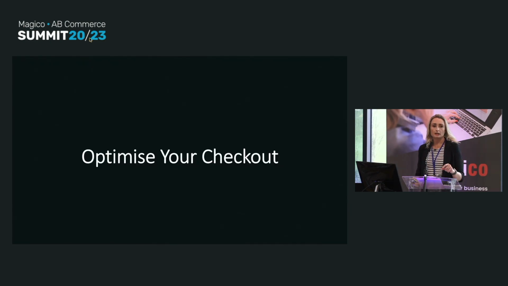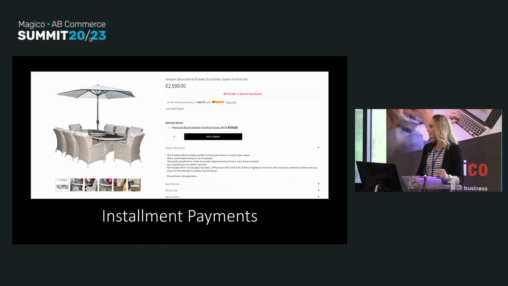Okay, thinking then about optimizing your checkout. Reminding people here about installment payments. I had a couple of retailers asking about that even last night. Just to remind you that we have an integration with Hum on the platform. Particularly for those of you who have a high-ticket product or high-ticket products in your catalogue, the option to offer customers the ability to pay with installments.